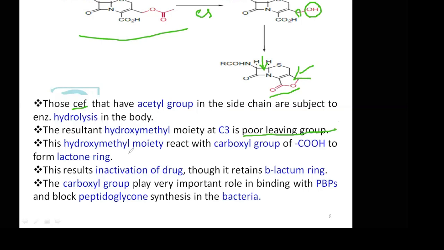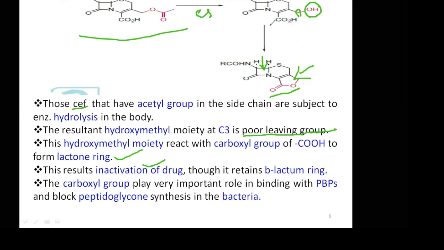So the hydroxy methyl moiety reacts with the carbonyl group of the carboxylic group to form a lactone ring. This results in inactivation of the drug, though it retains the beta lactam ring.